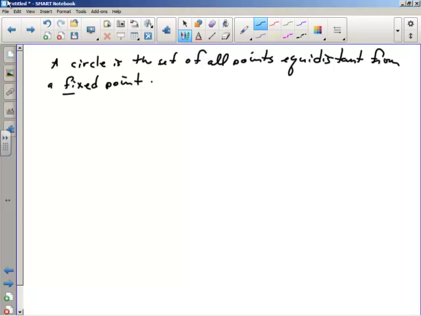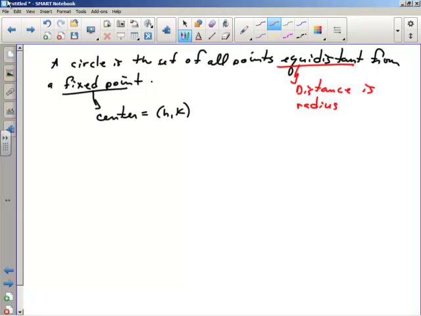That fixed point will be the center, and for the coordinates of that point we always just use the letters h for the x-coordinate and k for the y-coordinate. Equidistant, the distances are r, which stands for radius. And what does the statement say?